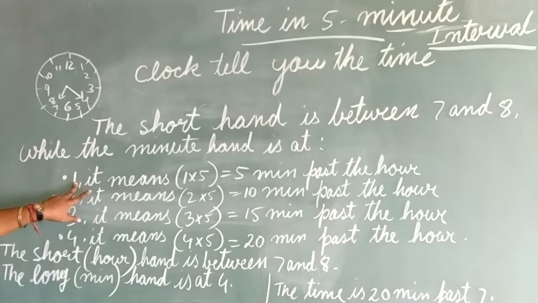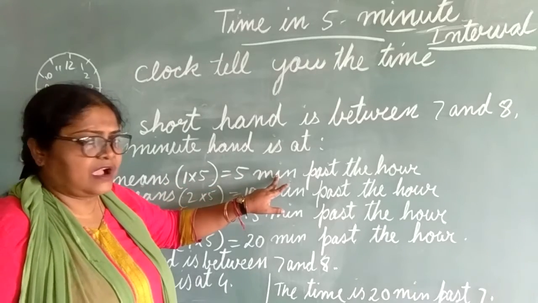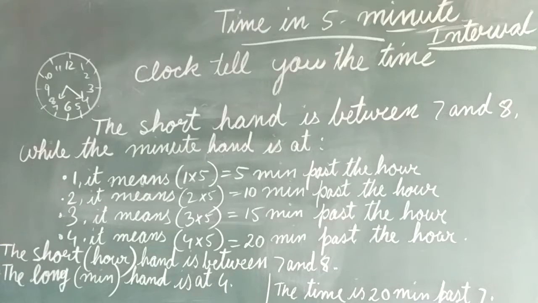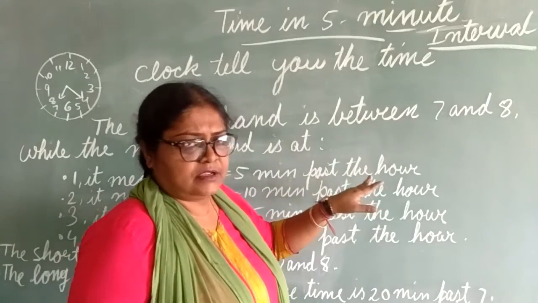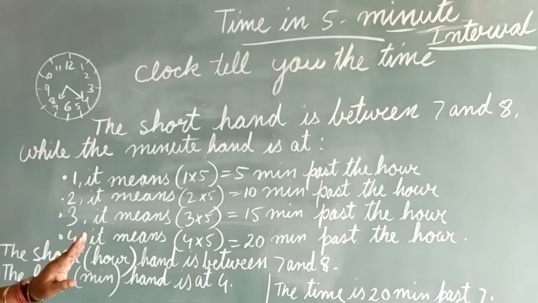At number 1. It means 1 into 5 equals 5 minutes. So we say 5 minutes past the hour.